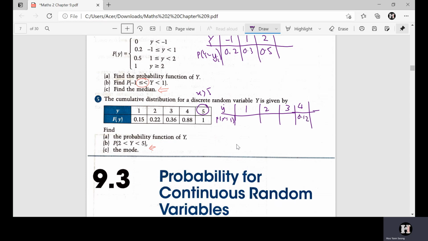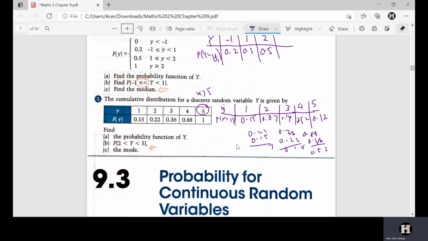Then 0.15 minus 0.22... 0.07, and then 0.36 minus 0.22 is 0.14, and then the last one, 0.88 minus 0.36, is 0.52.